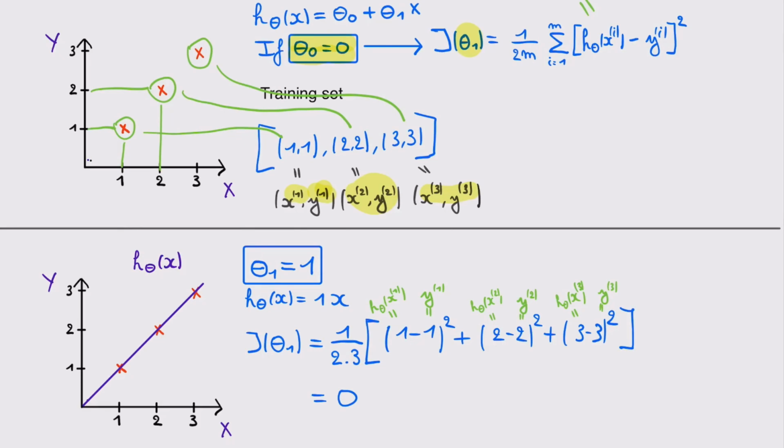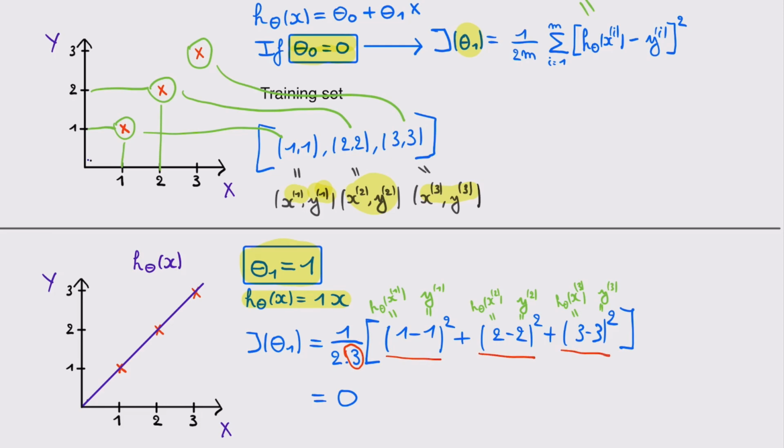Now to see what it means to minimize the cost function, we will look at 3 different values for theta 1. For the first one, we assume that theta 1 is equal to 1. Then we get a hypothesis that looks like this. Next, we can calculate the cost function. As there are 3 training examples in our training set, m is equal to 3, so we can plug 3 into the equation. Next, we can calculate the 3 errors between our hypothesis and the y value of our training examples.